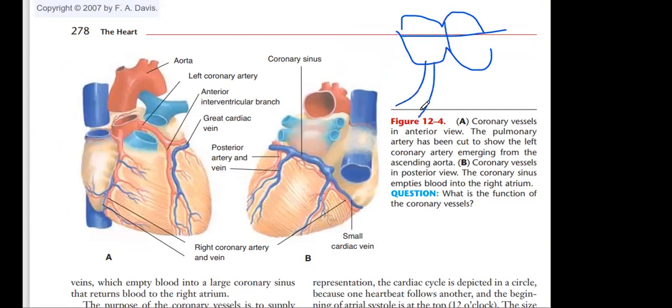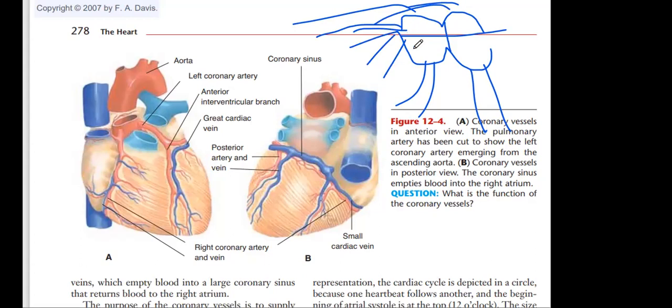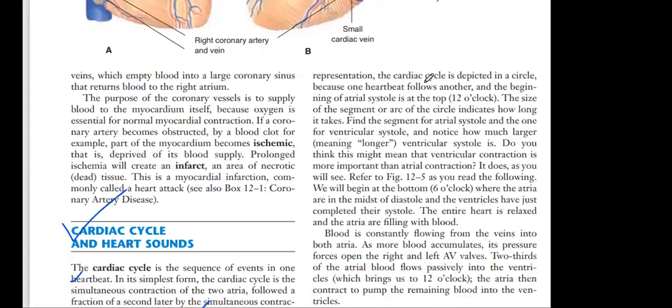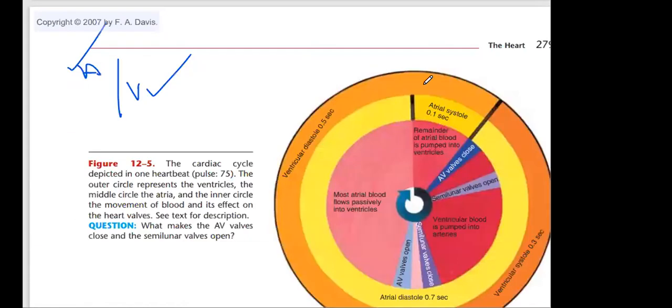These are the pulmonary vein, the aorta, the pulmonary artery, the superior vena cava and the inferior vena cava. Blood comes into the atria when they relax, and it is released when the ventricles contract. So there is a big difference in the timings.